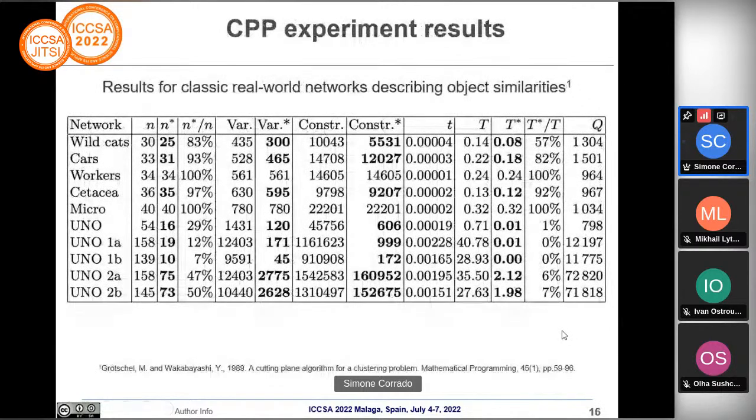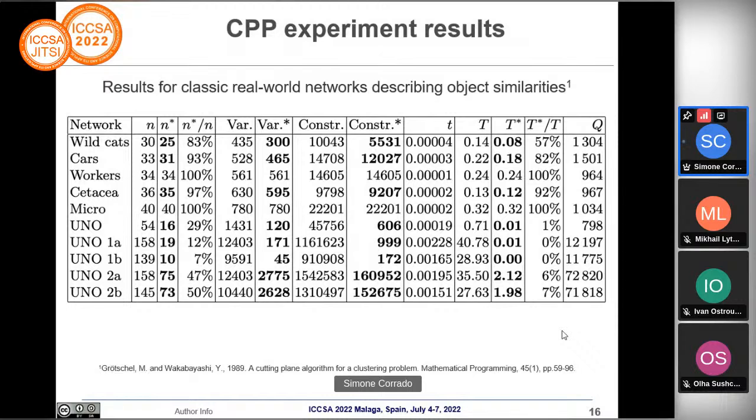The second benchmark was the clique partitioning problem. That's when you don't calculate modularity scores. You are just given a network with weights that, in that case, indicated similarity. It's a very famous benchmark for that problem, published in an original paper by Grötschel and Wakabayashi, and it's still frequently used in the literature.